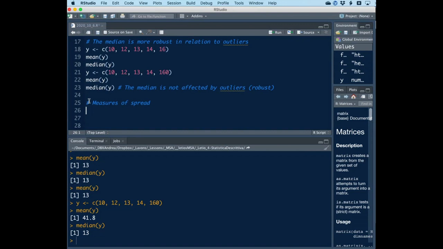I could have this vector here, 100, 101, 102, or perhaps 99, 100, and 101.